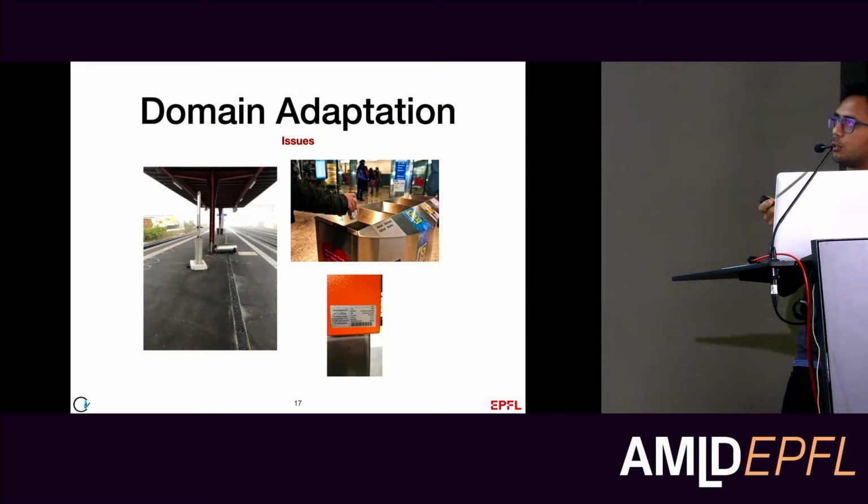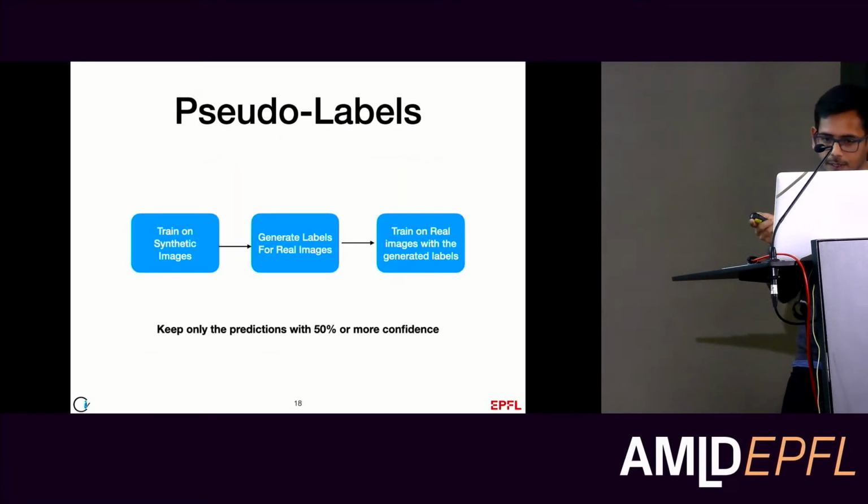So this was supposed to be a recycle station. This is also a recycling station. So it represents a quite different representation of the same category. These kinds of issues are still lacking in our training setup, so we definitely fail on such scenarios.